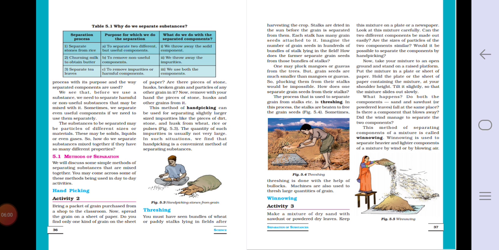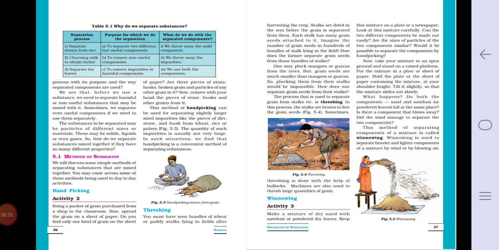Okay, so this is the actual process of beating on the floor on a hard place to remove the grains or to separate the grains from the stalk. Okay, so these are the two processes which are important in separating the substances.